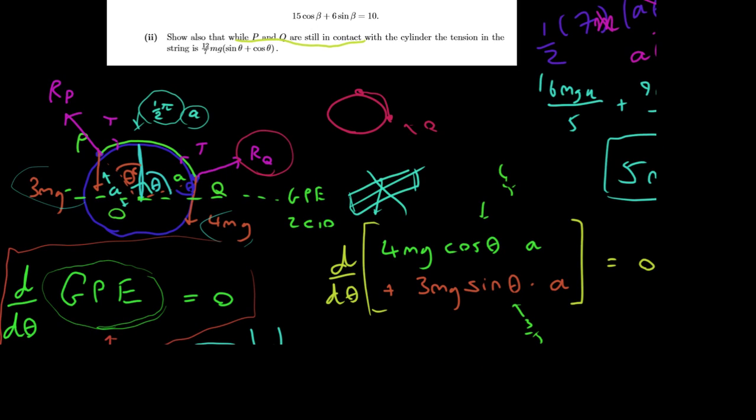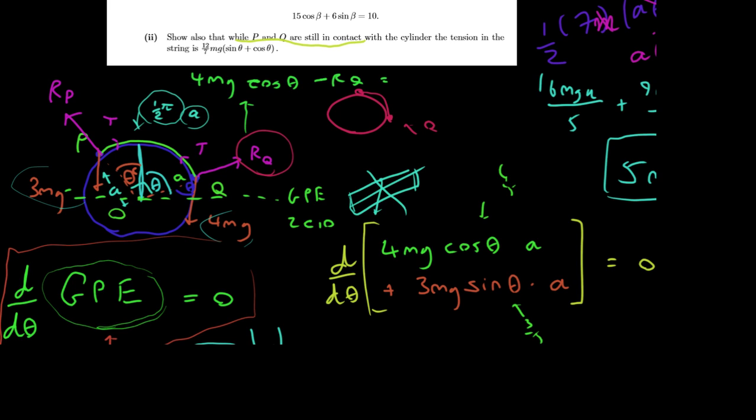So what you're going to get is 4mg, and then you're going to resolve that, so it's going to be 4mg cos theta, minus your RQ. That's force equals mass times acceleration.